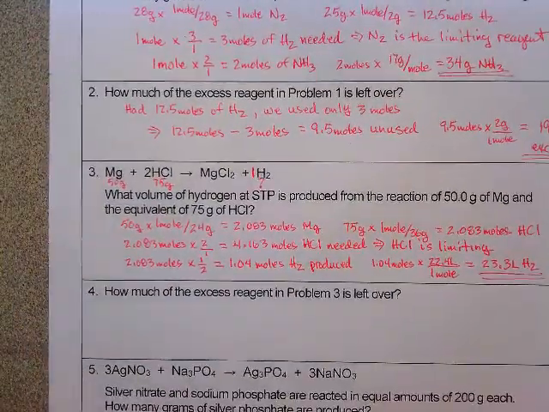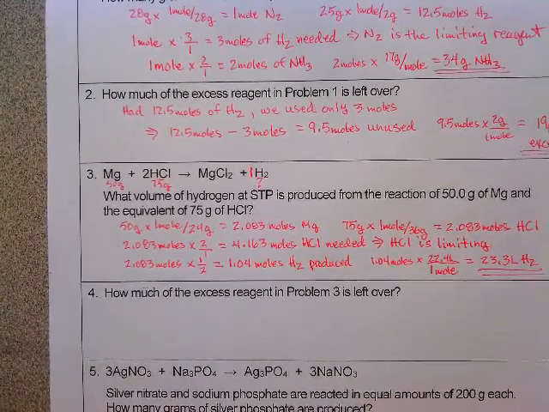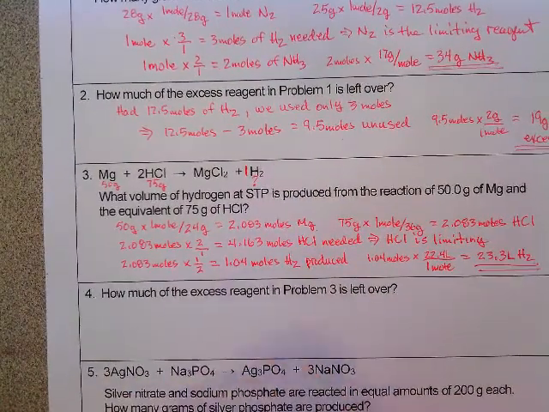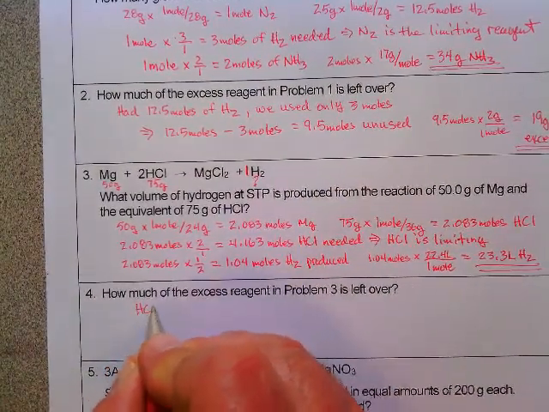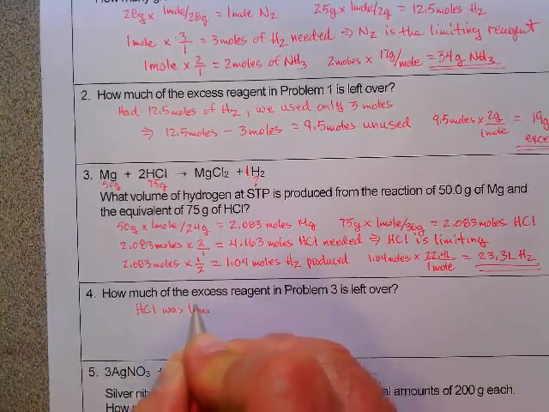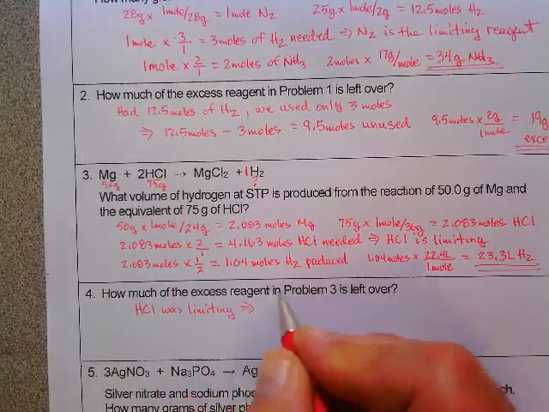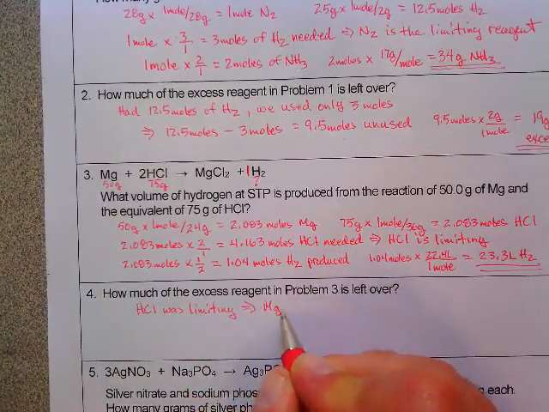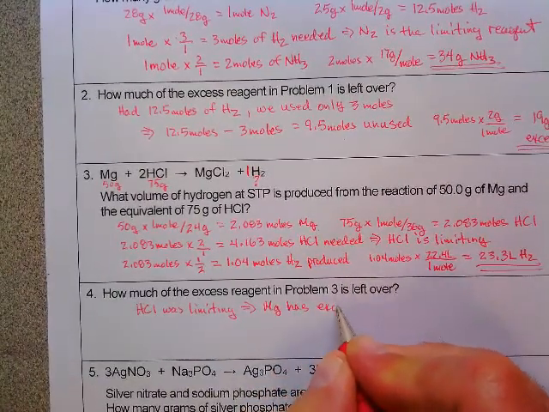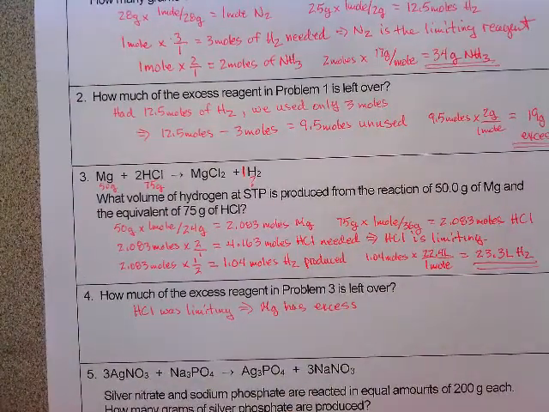Now, like we did in problem 2, we want to see how much of the excess reagent was left over. Just as a reminder, the HCl was limiting, which then means the magnesium, the Mg, has excess. Now, how much excess?